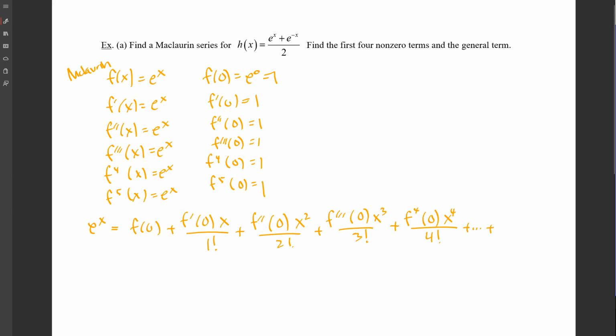Let's go ahead and substitute in right now. So f of 0 is going to be 1, f prime of 0 is going to be 1. All of these turn out to be 1, right?